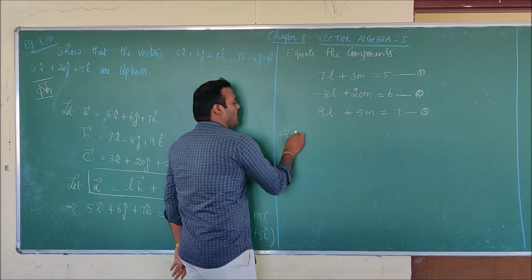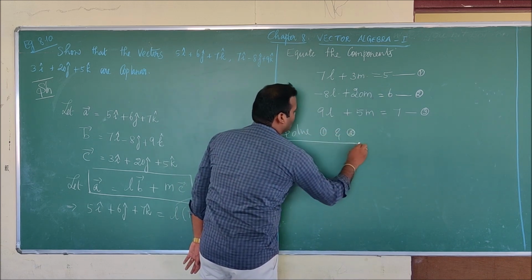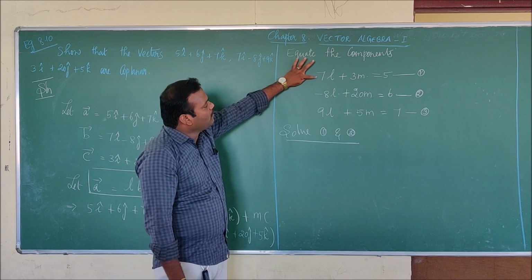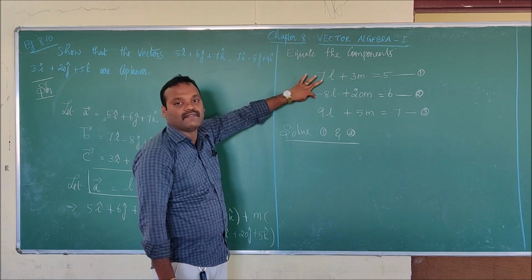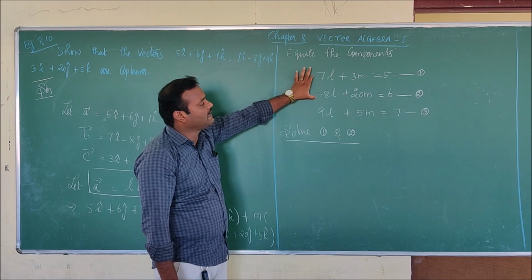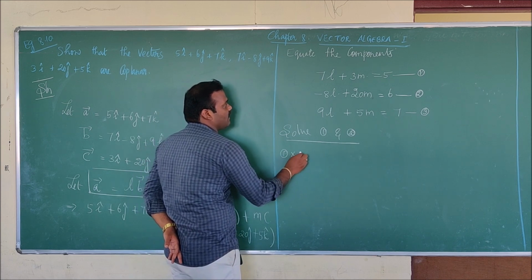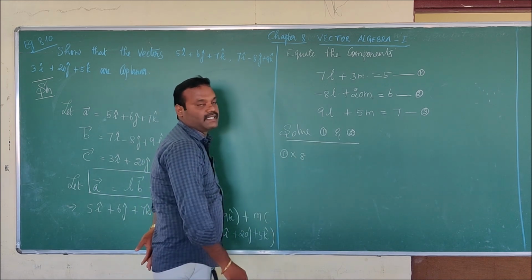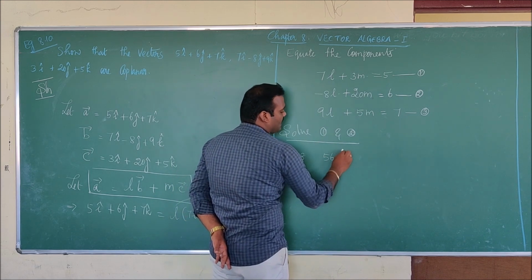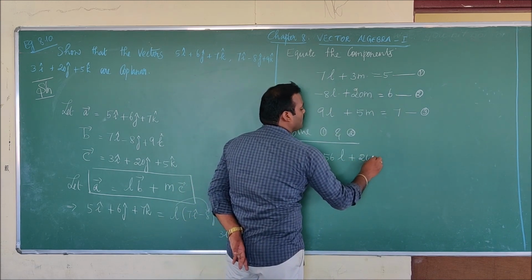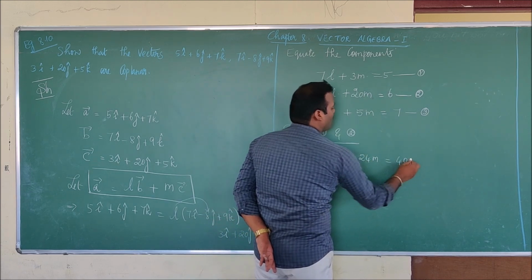Now I am going to solve the equations 1 and 2. So listen here. Now when you multiply the first equation with 8 and the second equation with 7, the L will get cancelled. Okay, so the first equation is multiplied with 8. 8 sevens are 56L plus 8 threes are 24M, which is equal to 8 fives are 40.